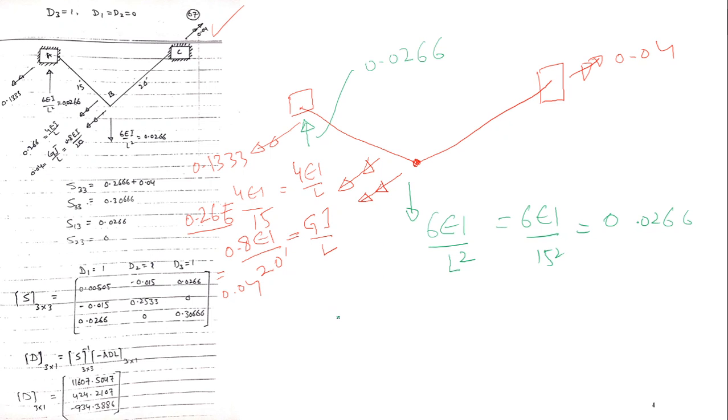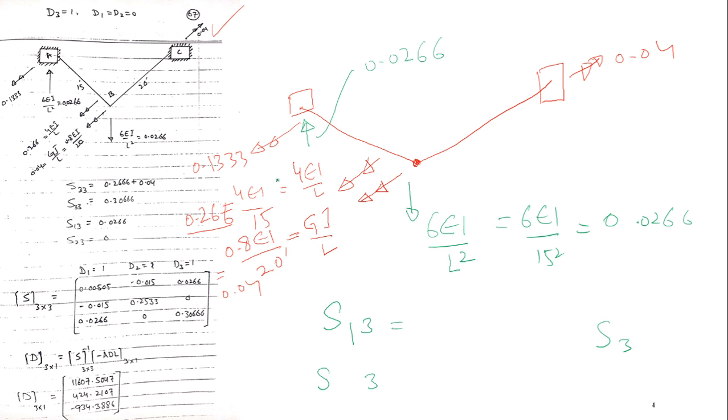Now I have to find S3, 1, 3, 1 is downward in y direction. Now remember, this is D1, this is D2 in X, and D3 is in Z. Here I have only this corresponding to D1.